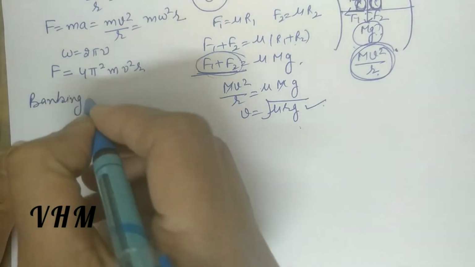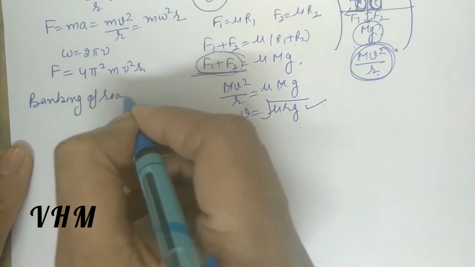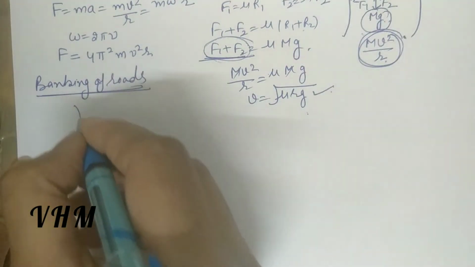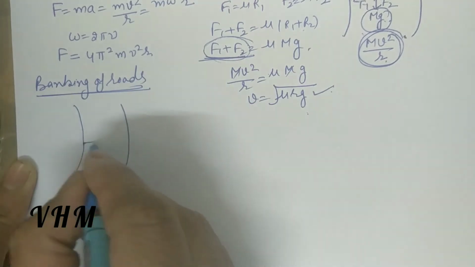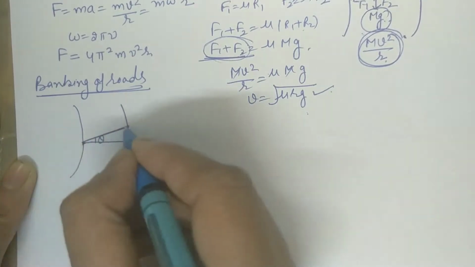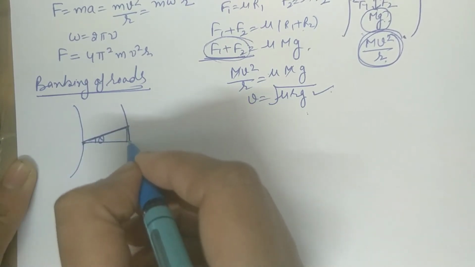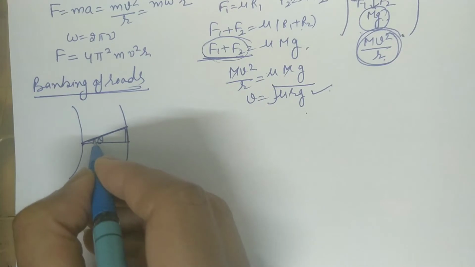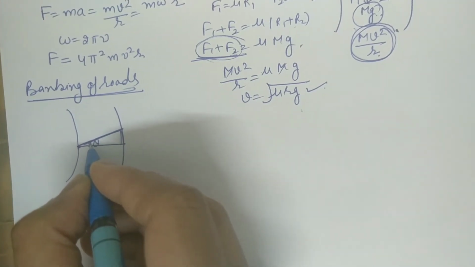Banking of road means that to provide the necessary centripetal force, the outer edge of the road is raised a little above the inner edge, and this is called the angle of banking.